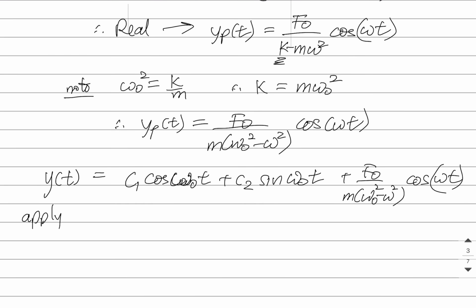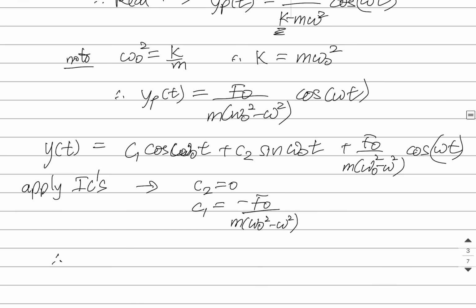So I'm going to skip the details and I'm going to say we're going to apply the initial conditions. We will find that C2 is 0. We'll find that C1 is negative f naught over m times omega naught squared minus omega squared. So when we put this all together, the full solution here has one amplitude out front, just like that.